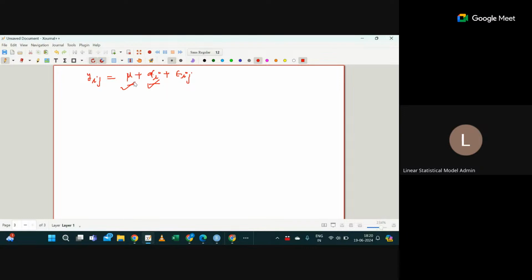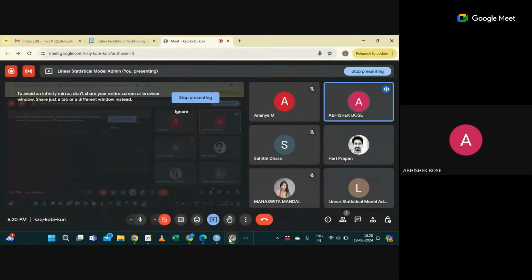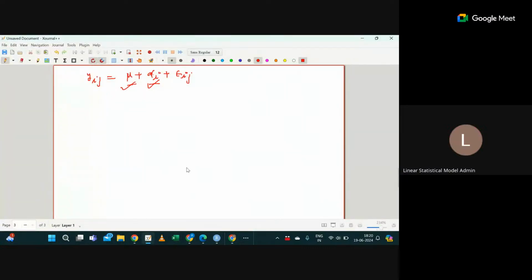We find the SSE, we minimize the error. So if you solve this, you do the summation over i, summation over j of (y_ij minus mu minus alpha_i) whole square, yes or no?